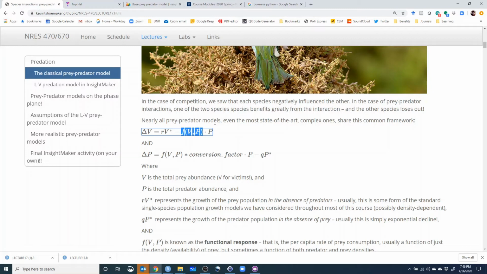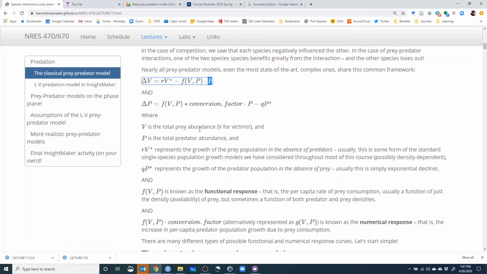It's the per capita rate of prey consumption, or the per predator rate of prey consumption. And then you just multiply that by the number of predators to get the total number of prey consumed per time step. We'll talk more about functional responses in a little bit, but I just wanted to introduce that. And then the predator population growth model.